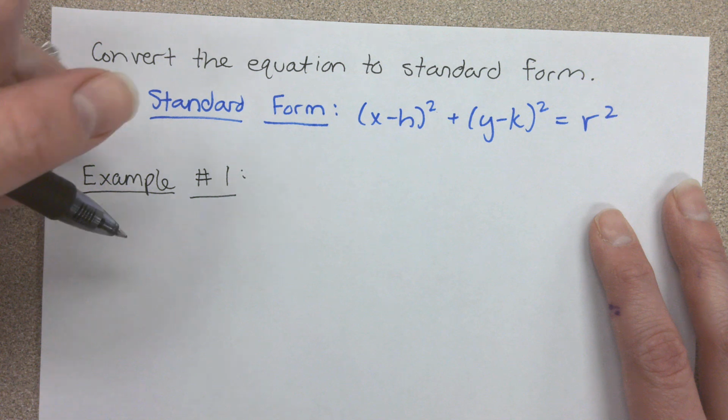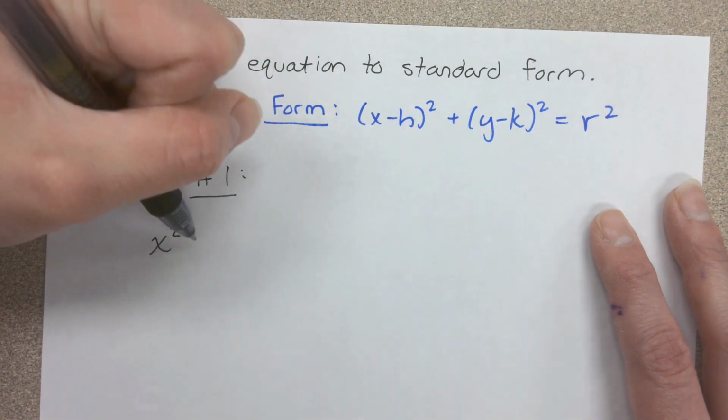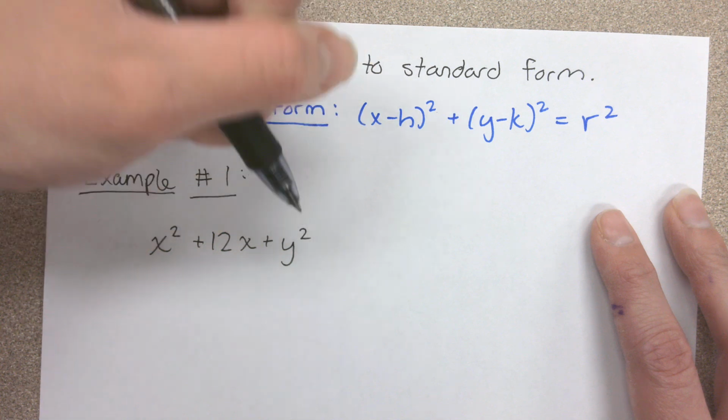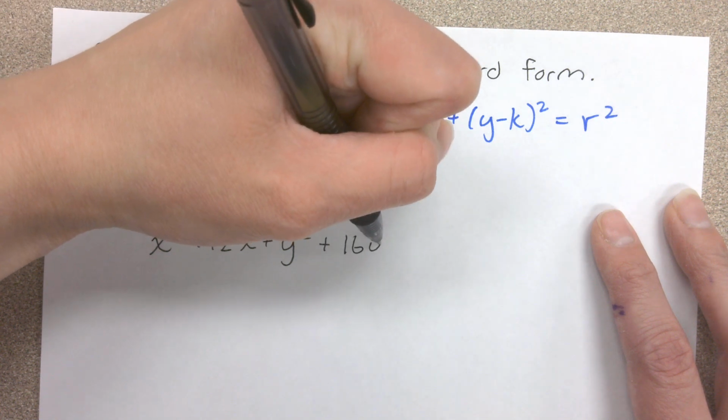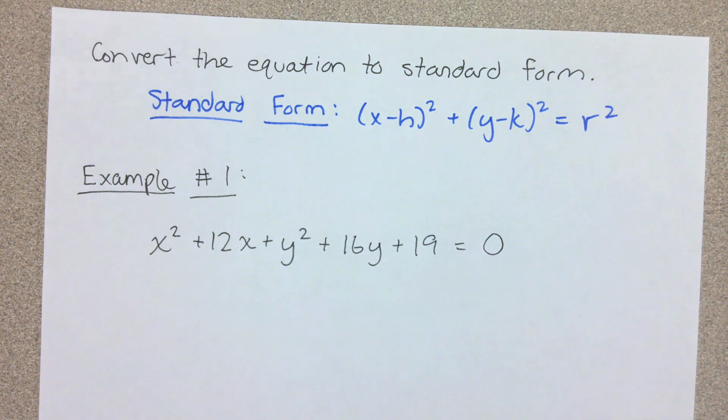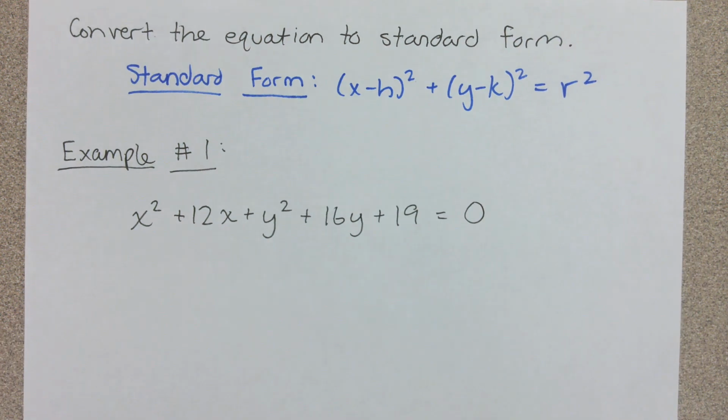First example, we have x squared plus 12x plus y squared plus 16y plus 19 is equal to 0. The process is going to be the same.